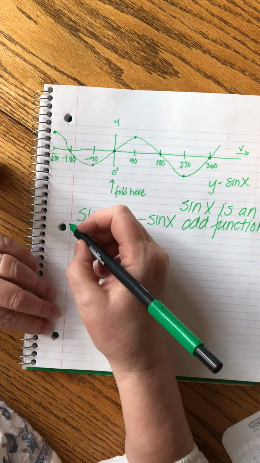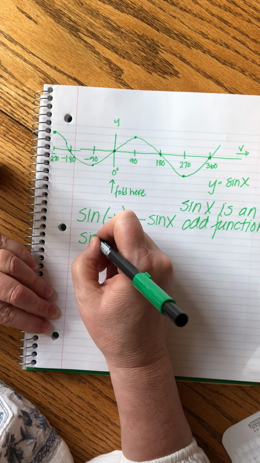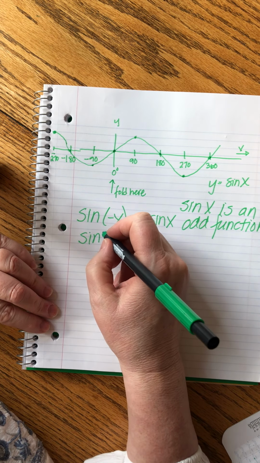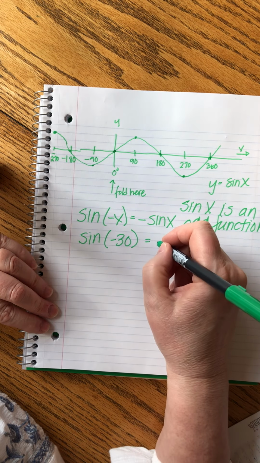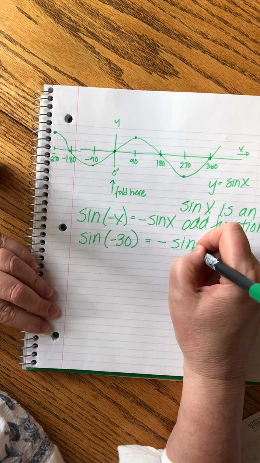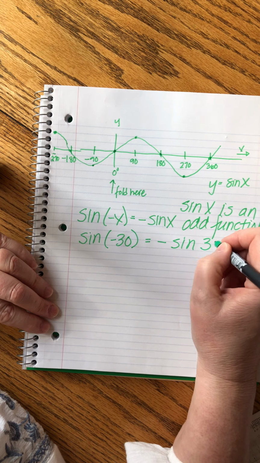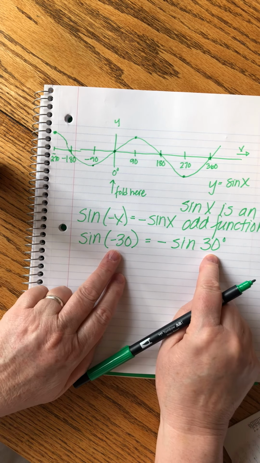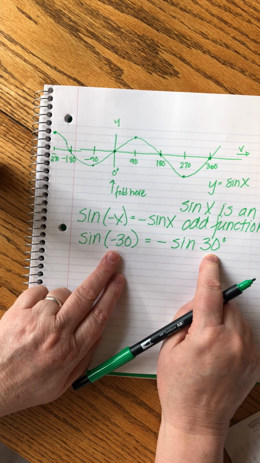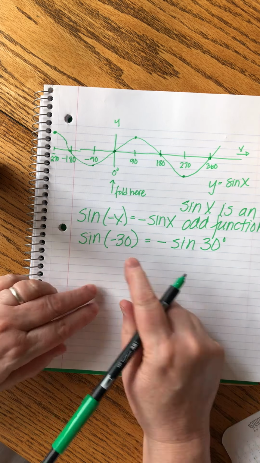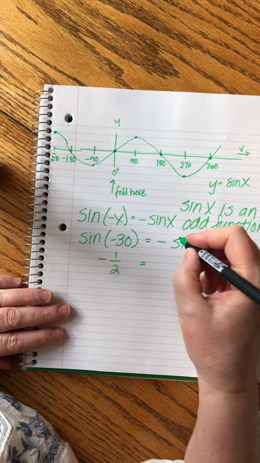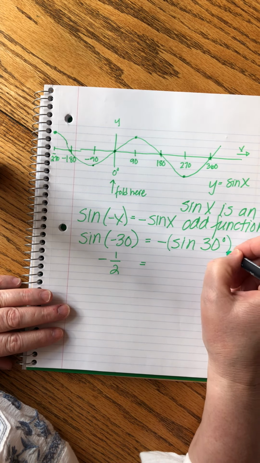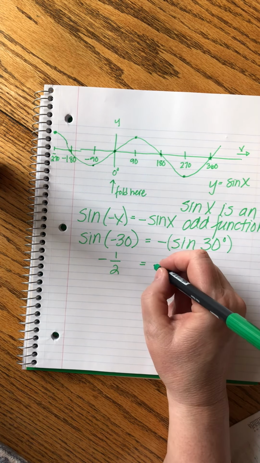And we can prove it again. The sine of minus 30 degrees, if this is true, should be minus the sine of 30 degrees. See how I put that in there? The sine of minus 30 degrees is negative 1/2. I'm going to put parentheses around here just to help you see it. We don't need them there.